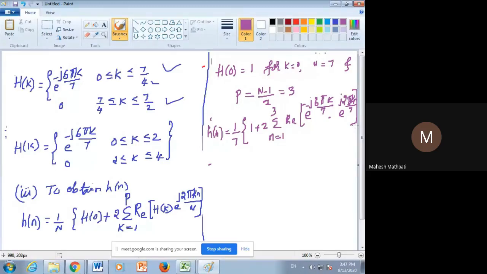Further, if you simplify this, have you understood this step? Any confusion here?